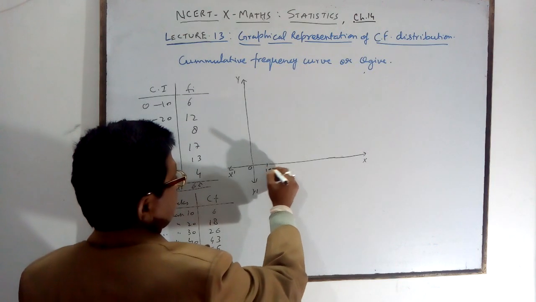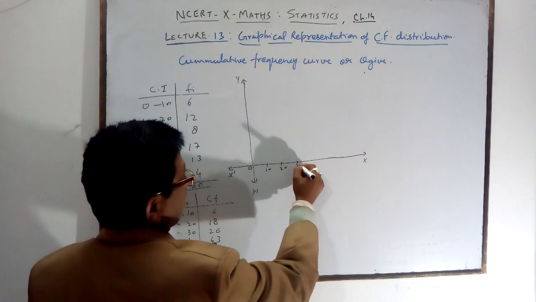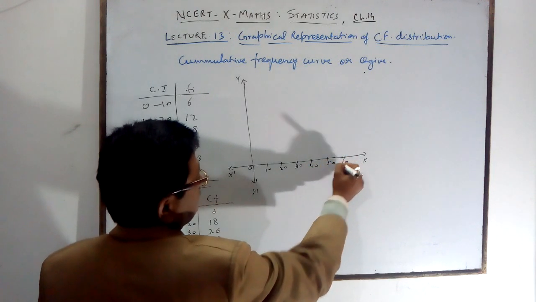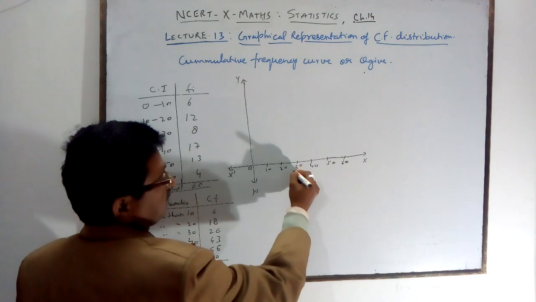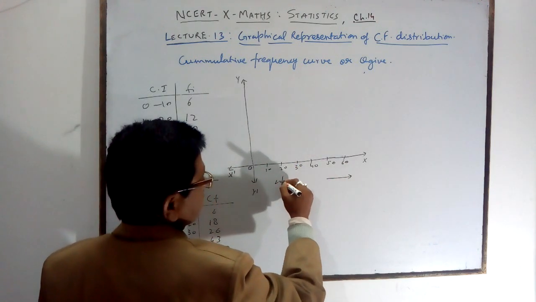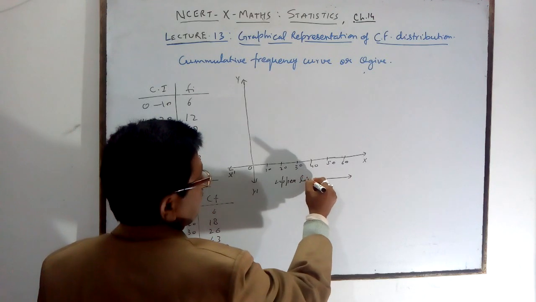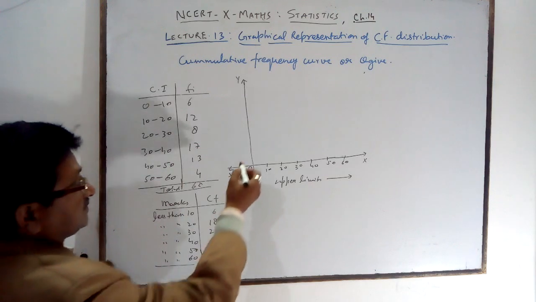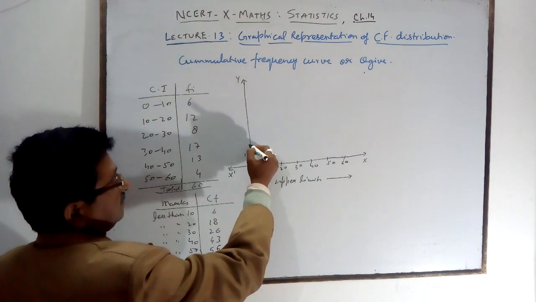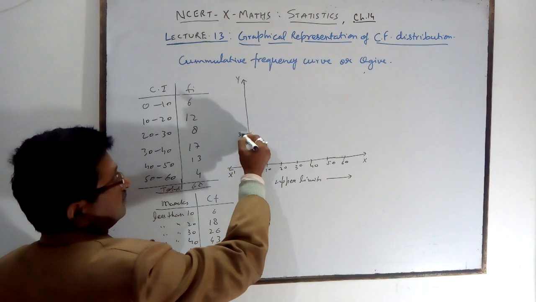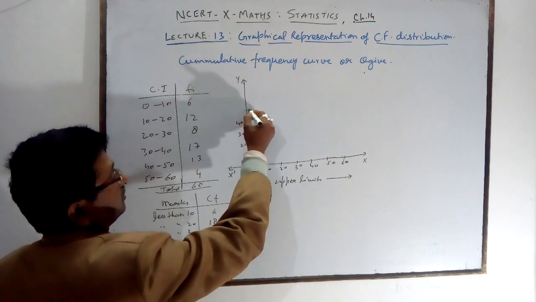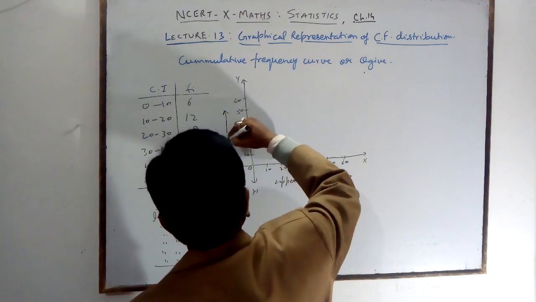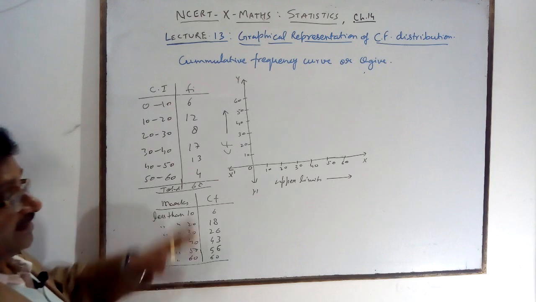The last you take is the upper limit, so write upper limits here. On the other axis it is also a multiple of 10 till 60: 10, 20, 30, 40, 50, 60. It is the CF, cumulative frequency.